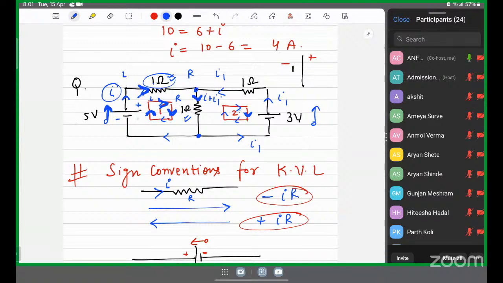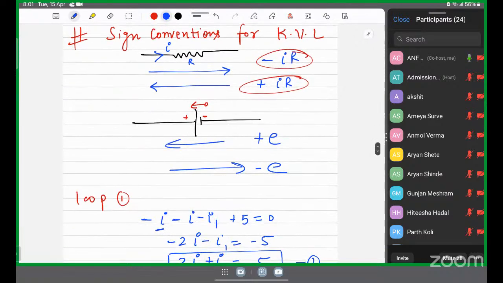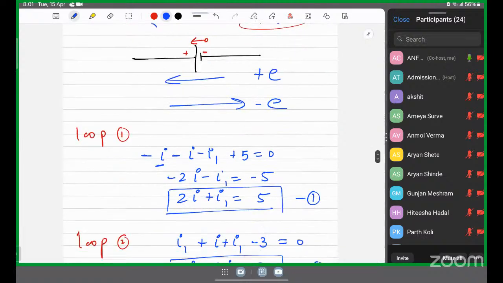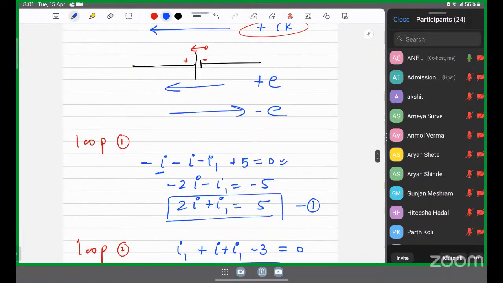So both are in the same direction, and this will be with a plus sign. So plus 5 equals 0, net potential 0. This gives us the equation 2I plus I1 equals 5.